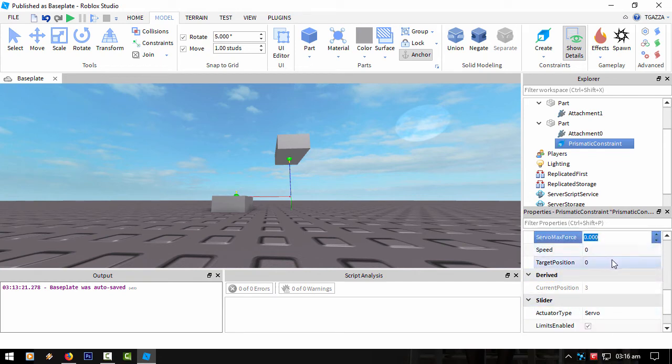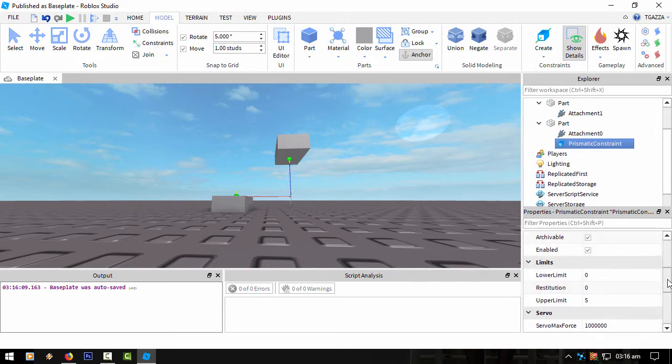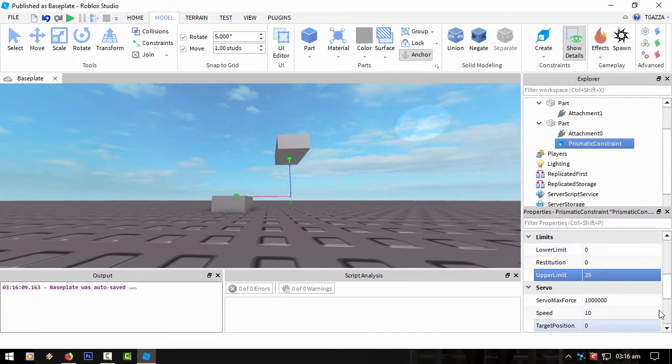So we put the servo max force to something huge, so you can actually see it moving. Speed of, I guess, 10, that should be good enough. And what is the limit on this one? That's 5, let's put that to 25. And a limit of 0. Yeah, that's good enough.